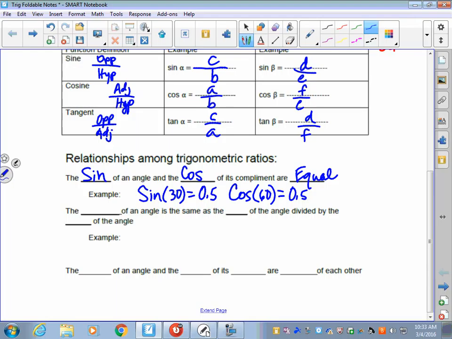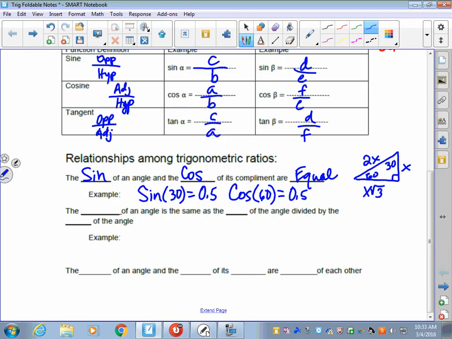All right, now, the reason why this is, let me just show y'all real quick. We've done 30, 60 triangles, right? Okay, so our formula for 30, 60, and pay attention: short leg is x, hypotenuse is 2x, and long leg is x square root of 3.